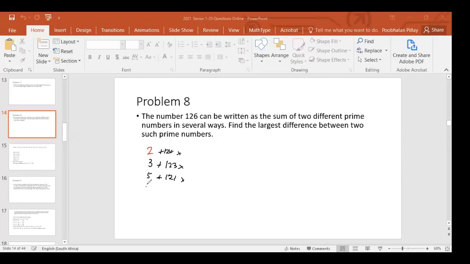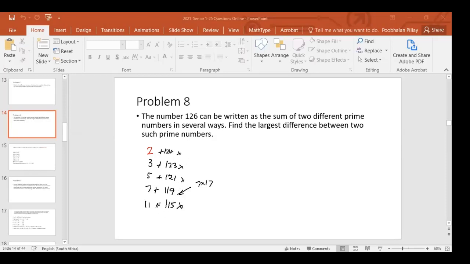It's 11 times 11. The next prime number is 7. That gives you 119. Right? Some of you may think that this is a prime number, but it isn't. It's 7 times 17. Right? So that doesn't work. The next prime number is 11. And you have 11 plus 115. That doesn't work.